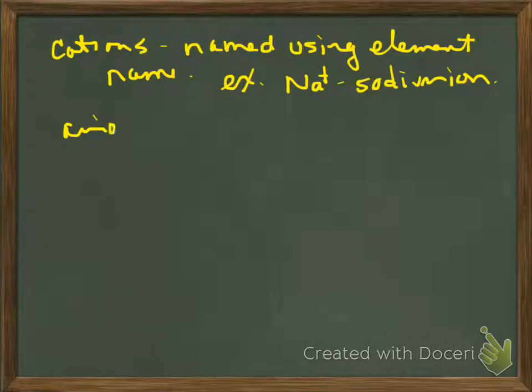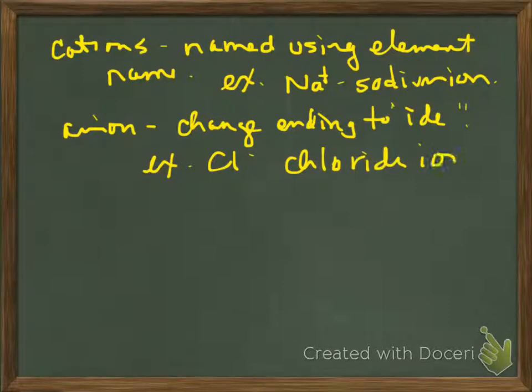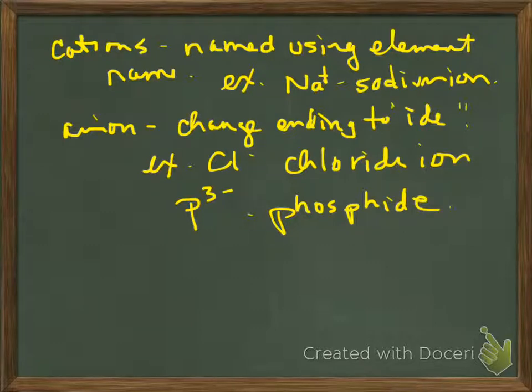For anions, you're going to change the ending to "ide." For example, Cl- is the chloride ion. Some of them are a little weird. P-3 is the phosphide ion.